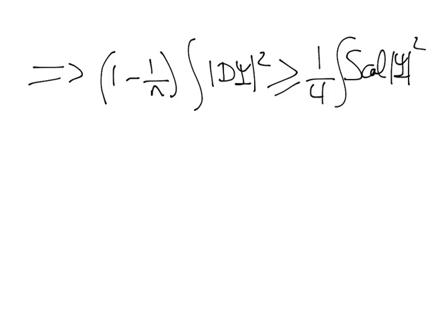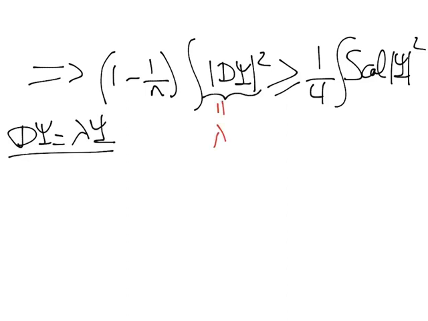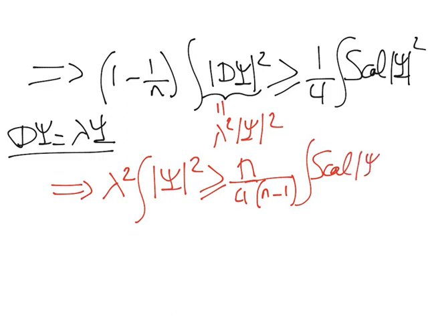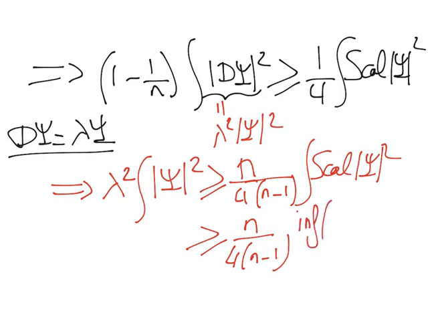And in the special case when D psi equals lambda psi, so this will be lambda squared norm of psi squared, you will get lambda squared times the integral of the norm of psi squared bigger than or equal to 1 over 4 times n over (n minus 1) times the integral of the scalar curvature, which is bigger than or equal to n over 4(n minus 1) times the infimum of the scalar curvature times the integral of the norm of psi squared.